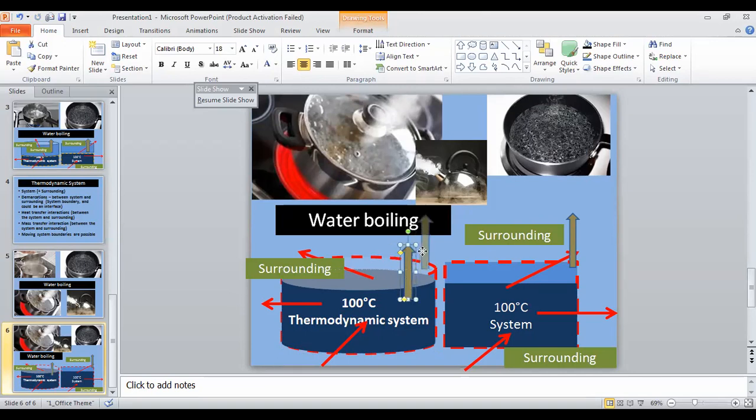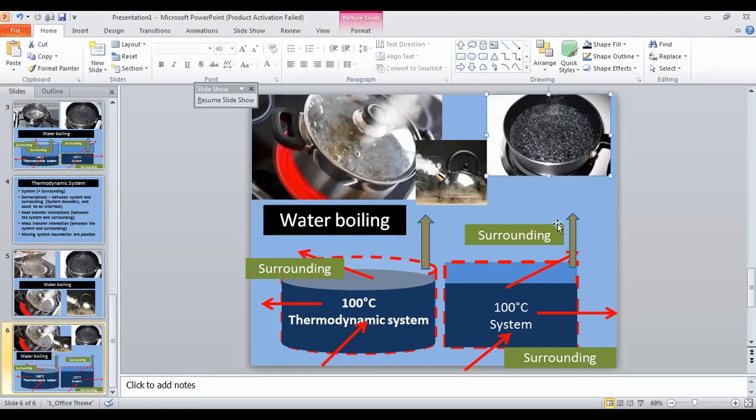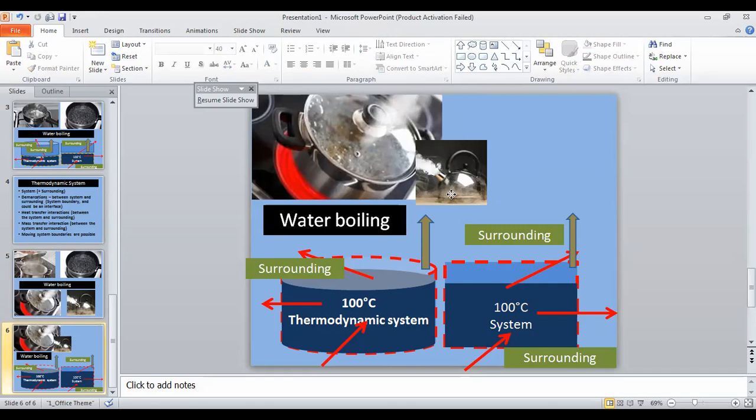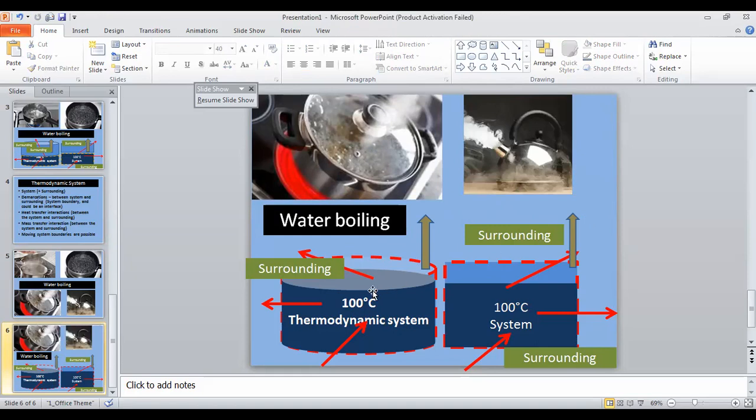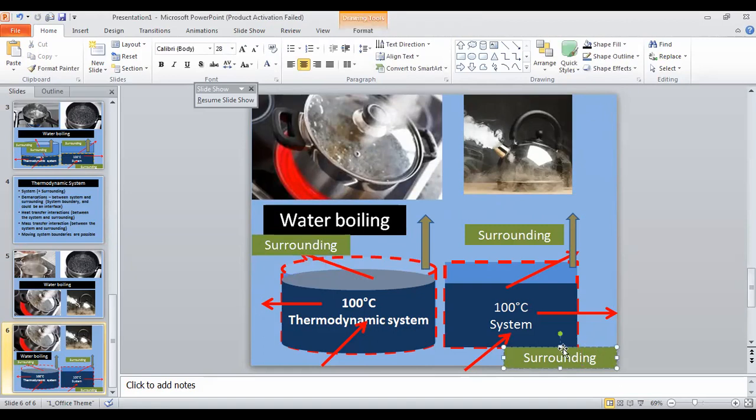Now, a little vent here for moisture to escape for this case. This is no more the model. See now, the boundary changes, means your surrounding is different.